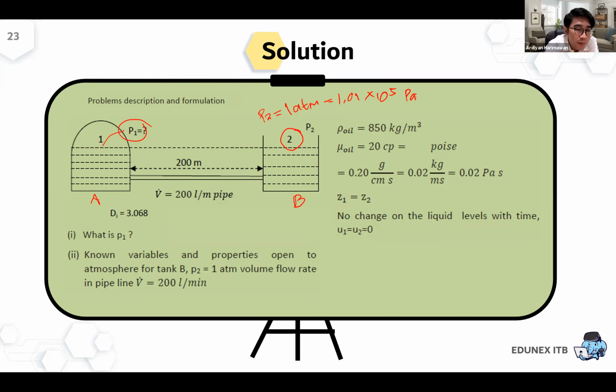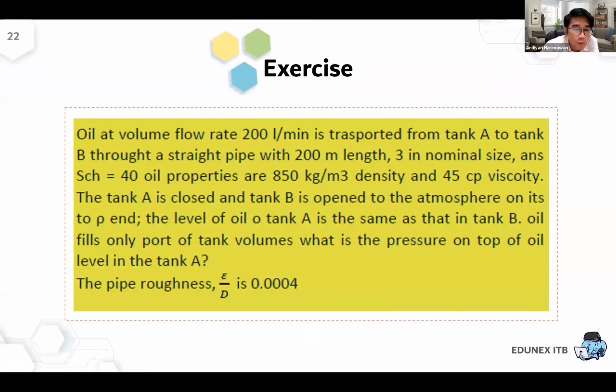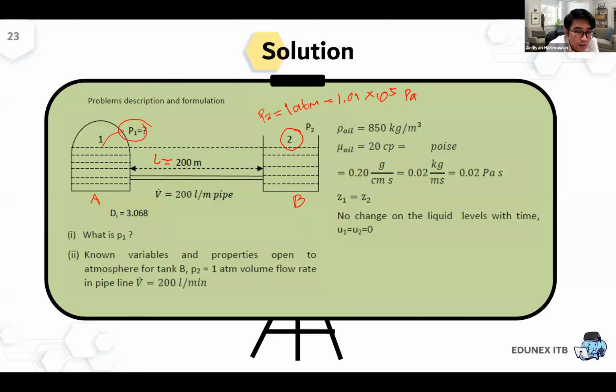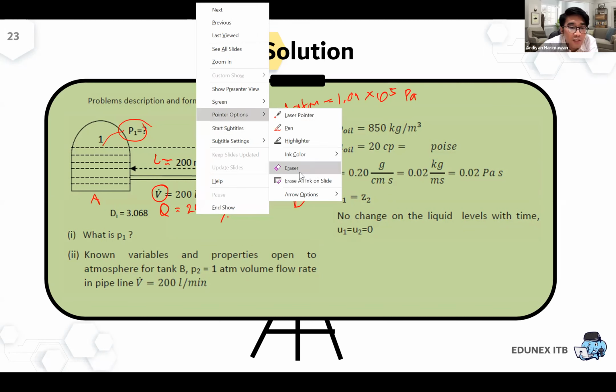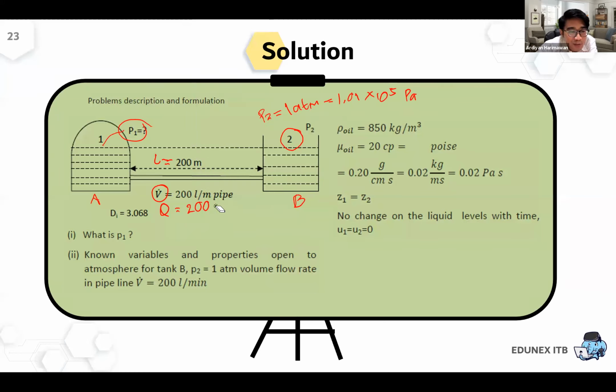The pipe diameter and pipe length are already in standard unit. The volumetric flow rate is 200 liters per minute. How much is this in SI unit? Please do the calculation. Don't just stare at the screen and do nothing; you will have problems later during your exam if you are not practicing enough.